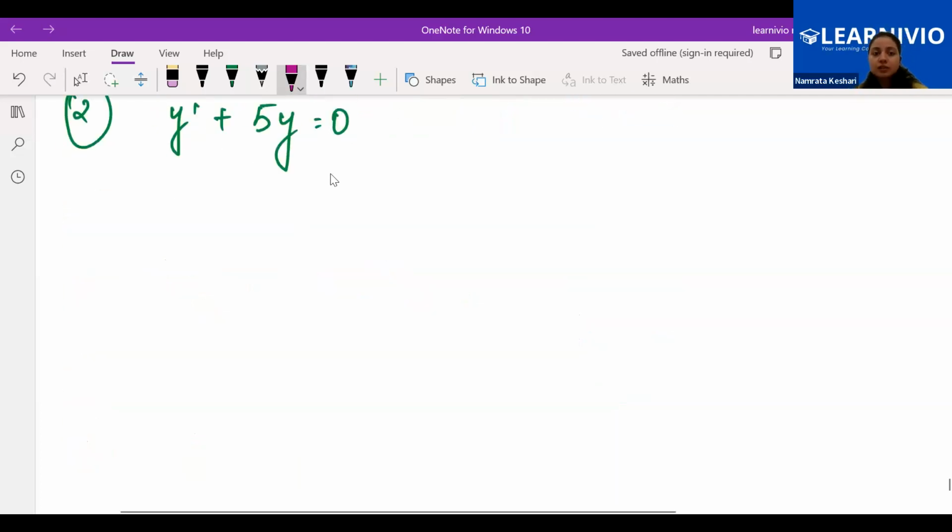What is the order and what is the degree over here? Order is 1, degree is also 1. Exactly.